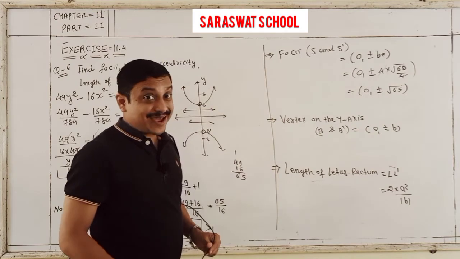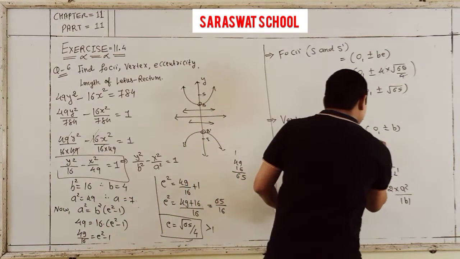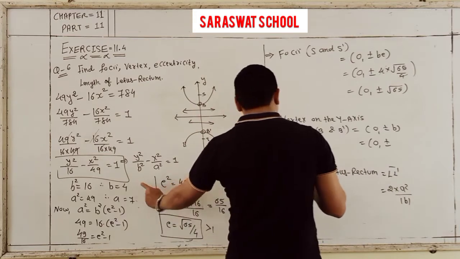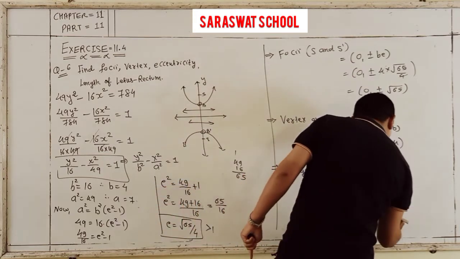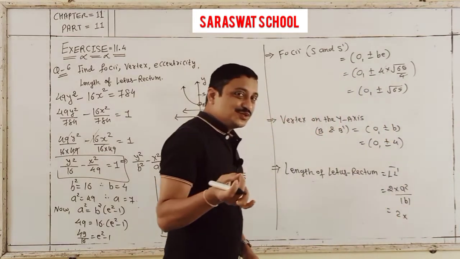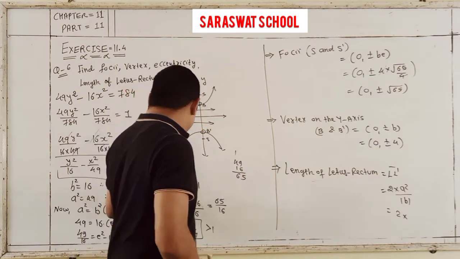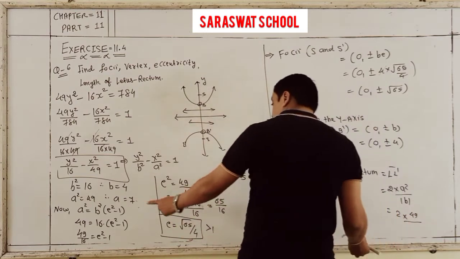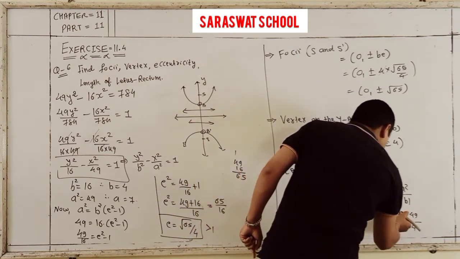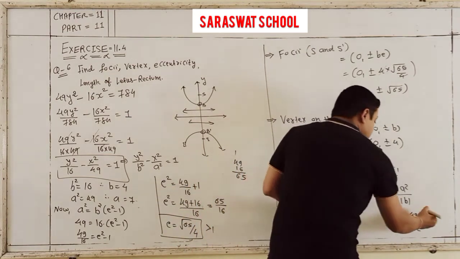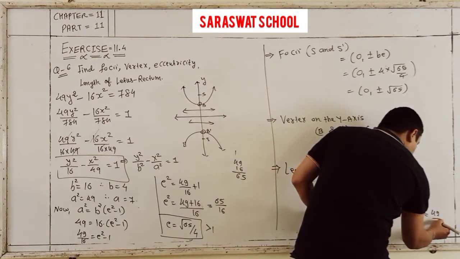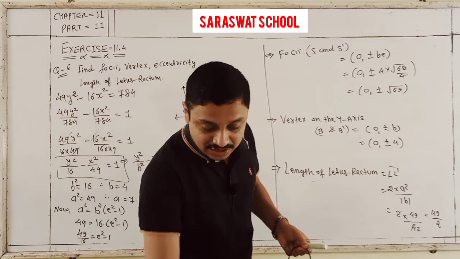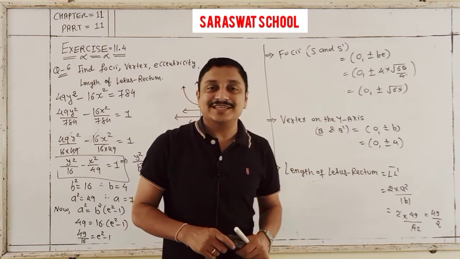Now vertices on the y axis, 0 comma plus or minus b, and b is exactly known, 4. Now length of latus rectum is 2 a square by modulus b. I have a square, students, known 49, but b is 4. So 2 2s are 4. My answer is 49 by 2. And here students, questions 5 and 6 are done.